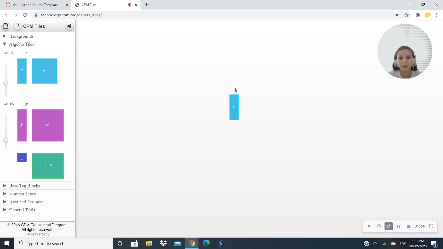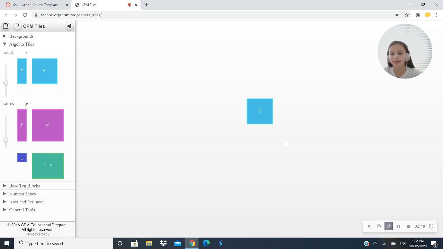So if we wanted to find the perimeter of this right here, the perimeter would be, well, let's see. We have x, 1, 1. So we would have 2x plus 2, because we have 2 ones and 2 x's. So 2x plus 2.